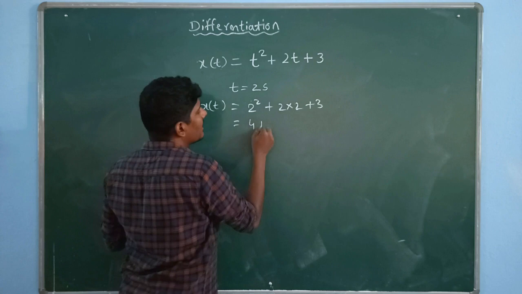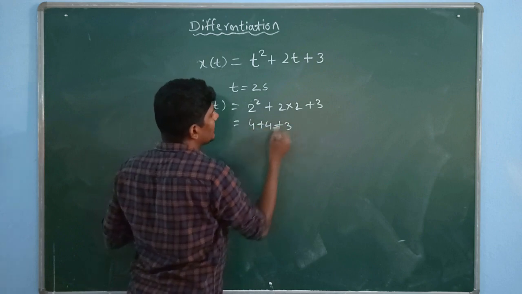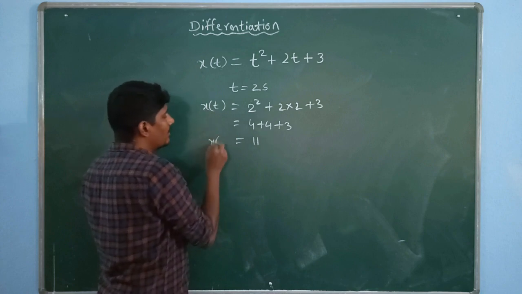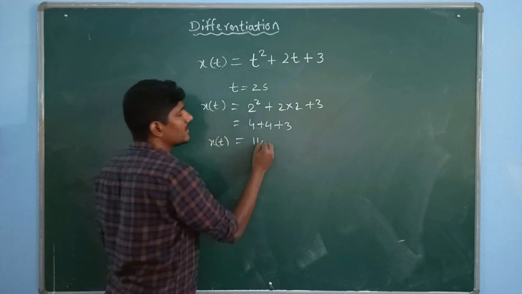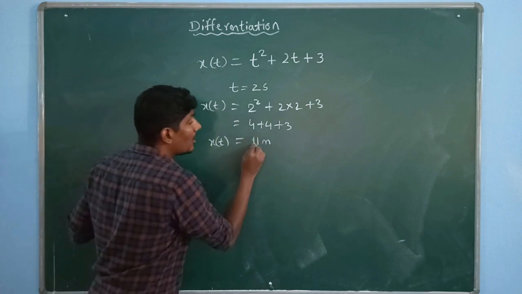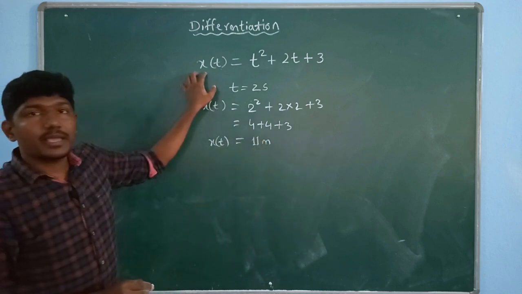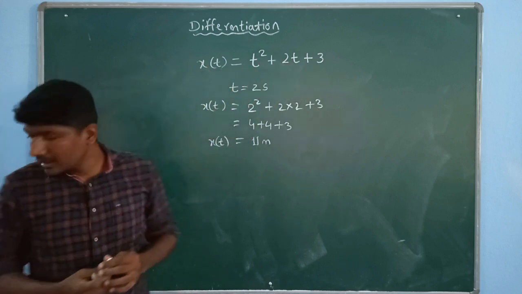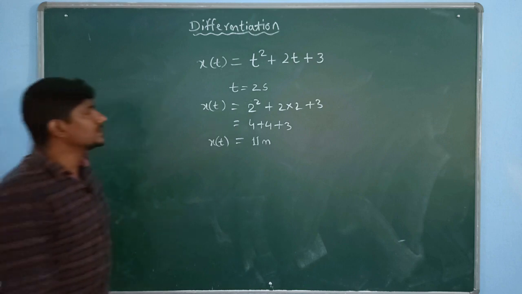So it is 4 plus 4 plus 3. So the answer is 11. What is the unit? Here we have position, so it is measured in meters, or distance. So position is the function of time. As time changes, our position also changes.